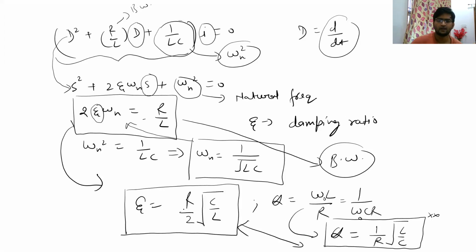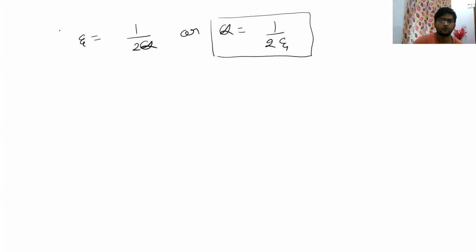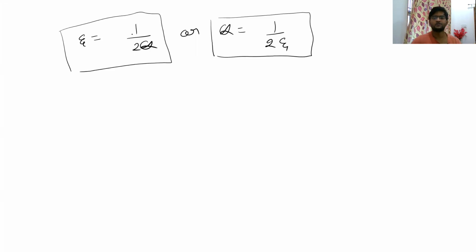This is the reciprocal of that particular thing, but with an extra 2 here, right? So you can write zeta is equal to 1 upon 2Q, or conversely, Q is equal to 1 upon 2 zeta. Zeta is called the damping ratio and Q is called the quality factor of any circuit. So these two are inversely proportional to each other.